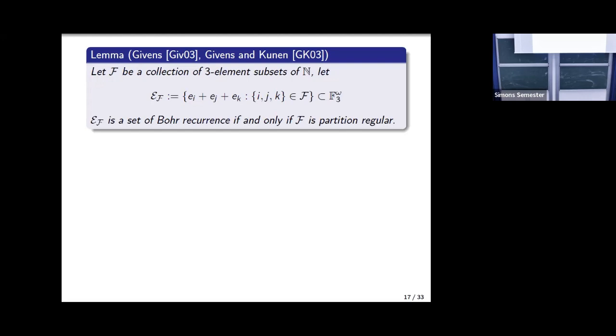So that means you can look at lots and lots of examples of sets of Bohr recurrence. Who are these people? Ken Kunen is a big time set theorist you've probably heard of, but he did some work in harmonic analysis, and Givens was his PhD student.